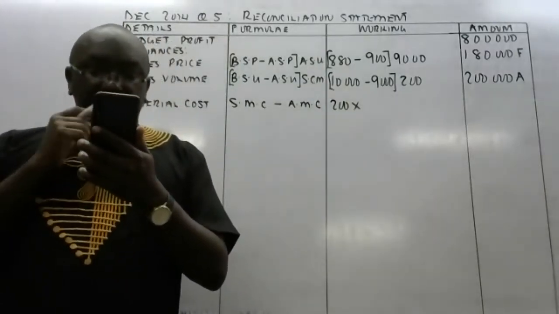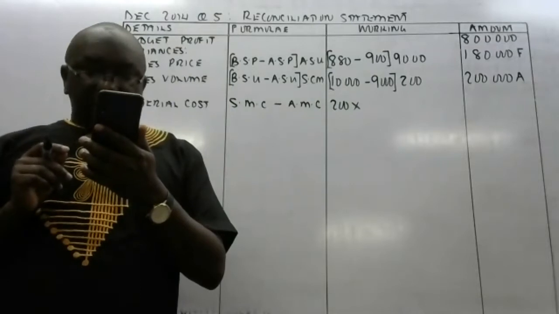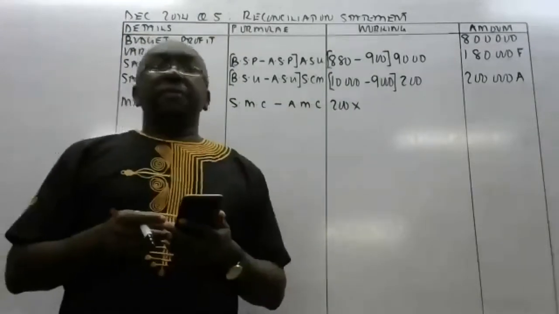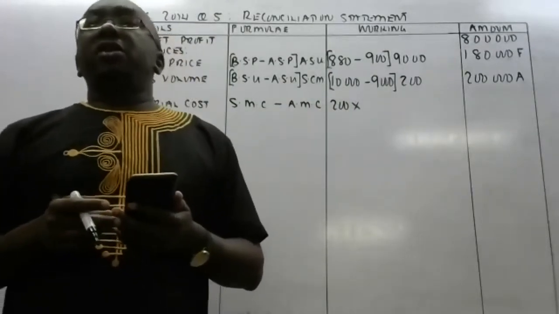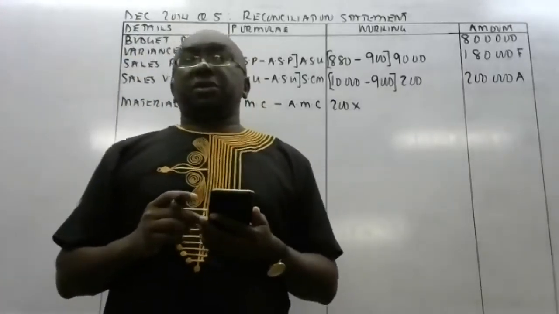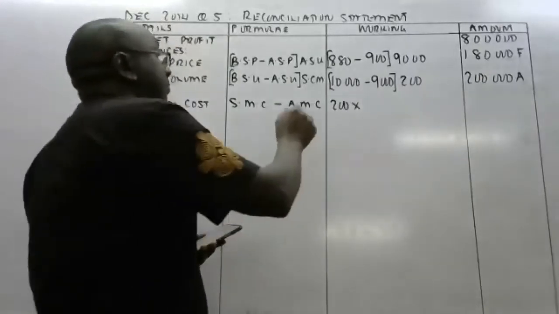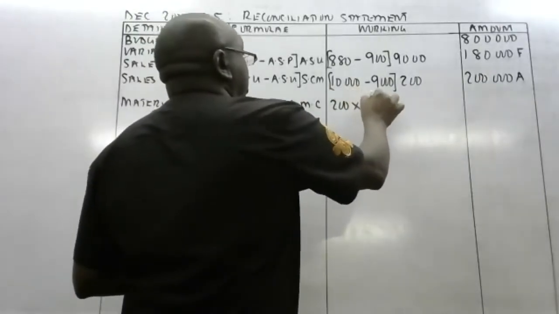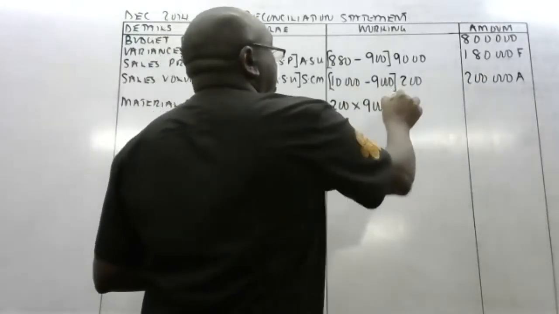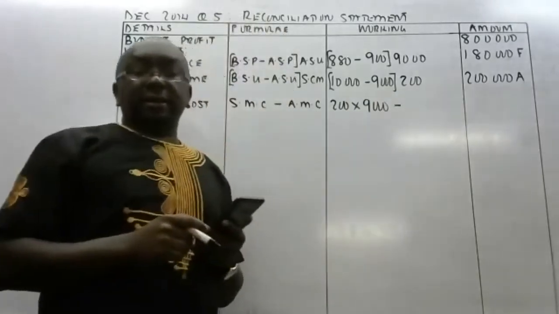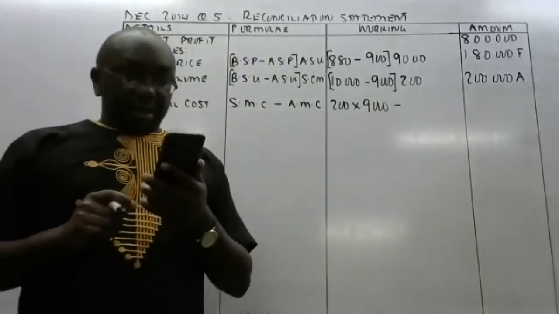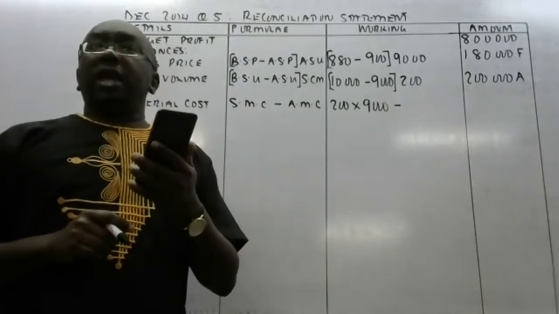Looking at information number 5, how many units were actually produced? It is 9,000. Then you minus the actual material A cost.